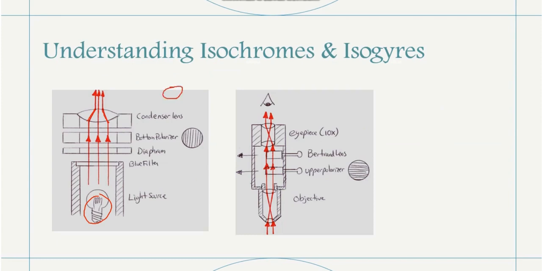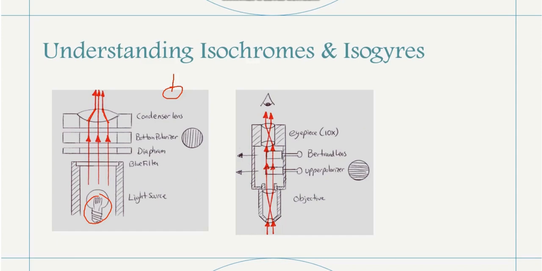That mineral must have the optic axis that is vertical. So let's repeat what we just said. The light comes from the light source at the bottom and goes up, passing through the filters, diaphragms, and bottom polarizer.